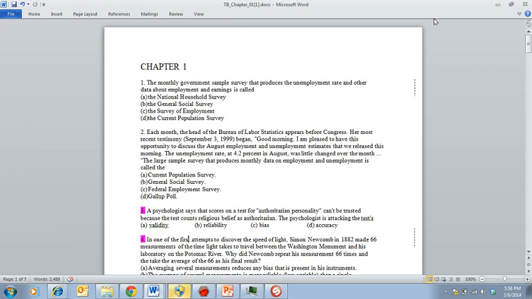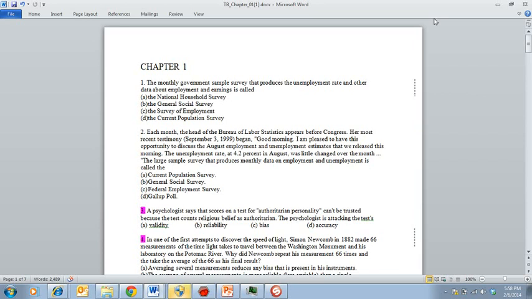A psychologist says that the scores on a test for authoritarian personality can't be trusted because the test counts religious beliefs as authoritarian. The psychologist is attacking the tests, and then here it gives you the 4 different types of errors. Is it attacking the validity, the reliability, the bias, or the accuracy?